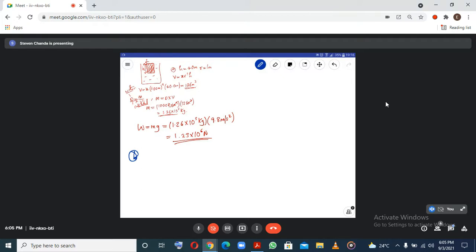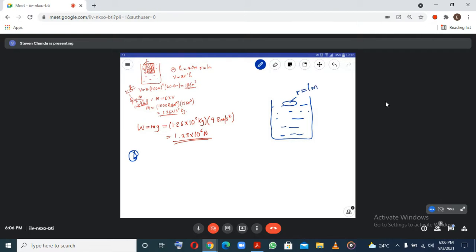So remember, we are looking at something like this. The water surface is here. Then there is a disk which has a radius of 1 meter.